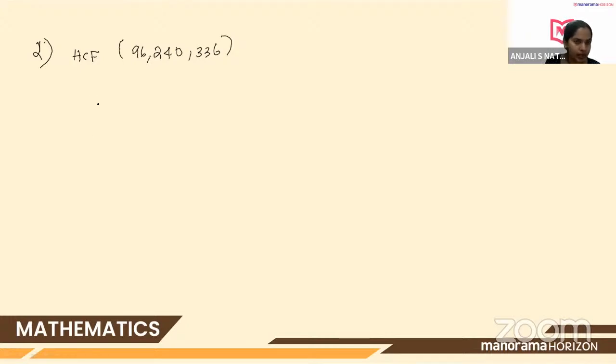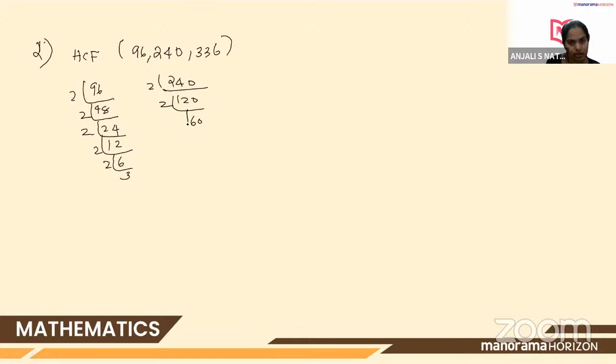If the question contains arrangements or distributions, then we have to find the HCF of those numbers. So first, 96 divided by 2 gives 48. Again divided by 2, 24. Then 12, then 6 and 3. Next is 240, then 120, 60, 30, 15.